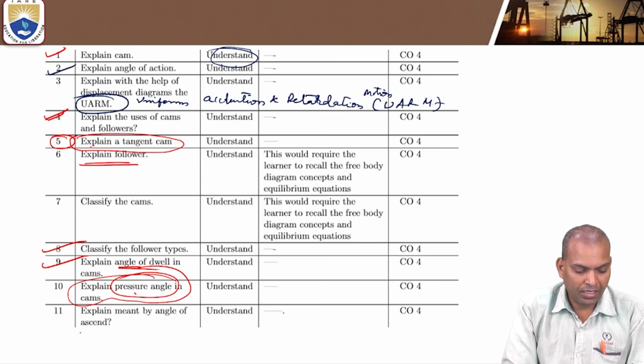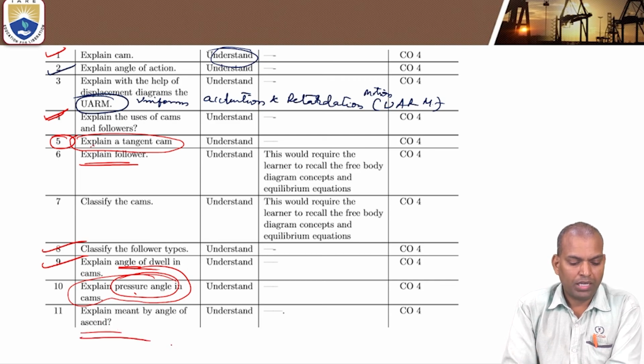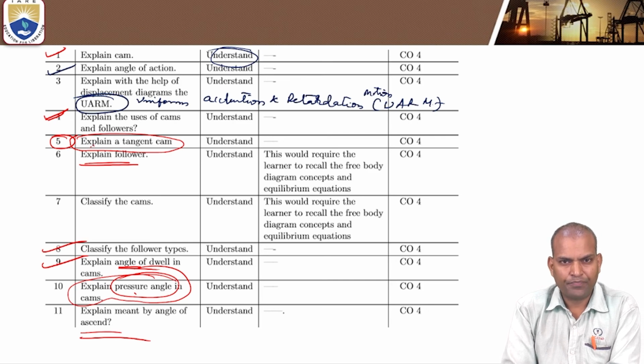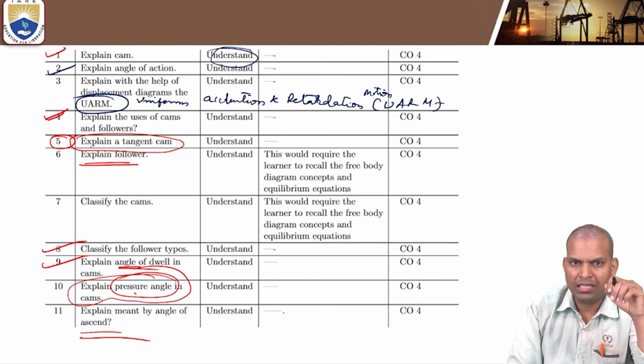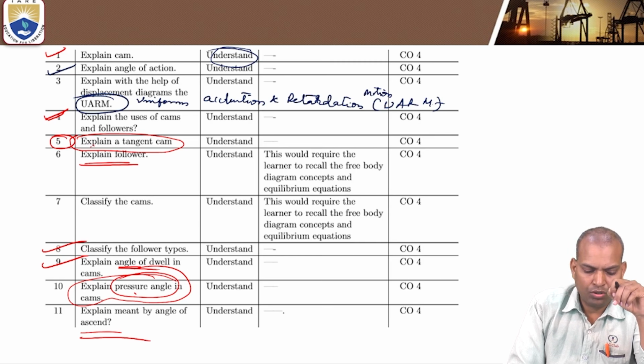Now, what is the angle of ascent? This angle of ascent is the angle of rotation of the cam during which the follower moves up, ascending takes place. That angle is known as the angle of ascent.